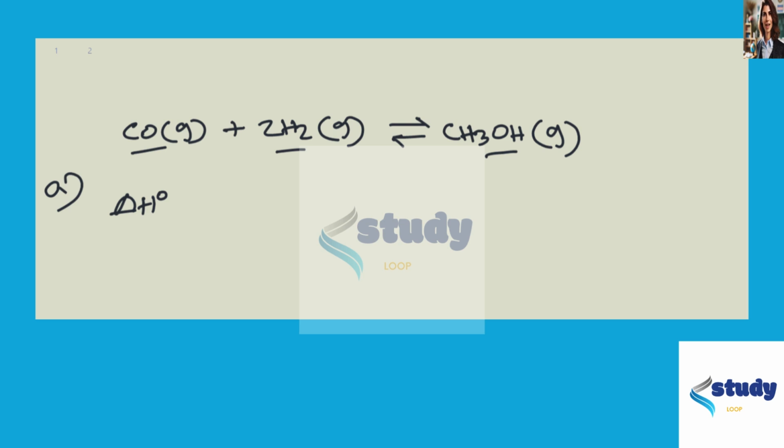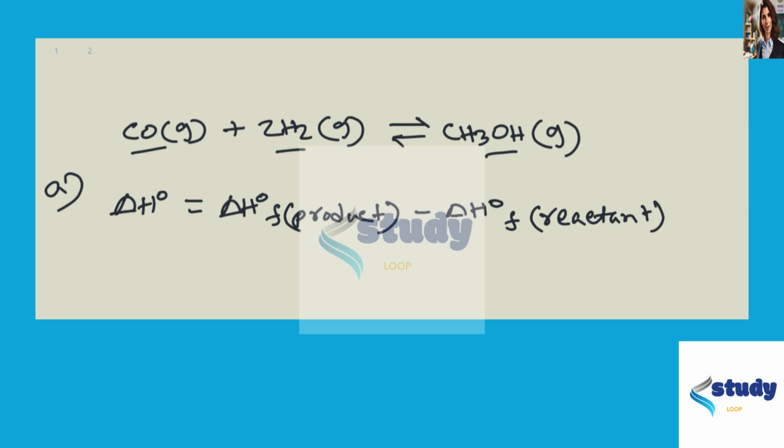As we know, the del H naught value for a reaction is the del H naught for the formation of its products minus the del H naught value for the formation of reactants. And we have to find these values from Appendix C of the book.